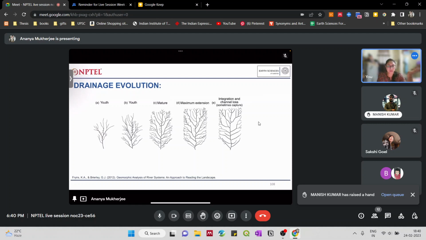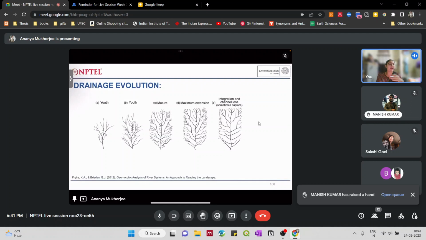This relates to the three stages of the life cycle of the river that we spoke about before: the youth, the mature stage, and the old stage. The old stage will form a delta, and that is where the drainage basin ends.